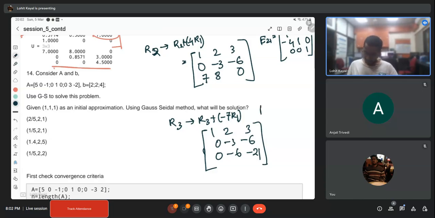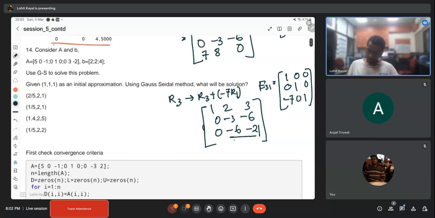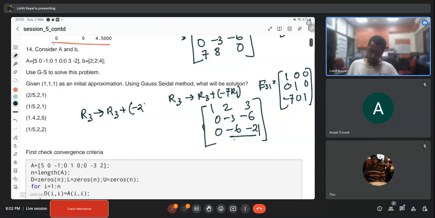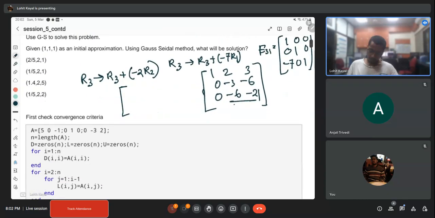So what will be my E31? E31 will be just similar to E21: 1, 0, 0, 0, 1, 0, minus 7, 0, 1. Now I need to operate on R3 and R2. So the U matrix: 1, 2, 3, 0, minus 3, minus 6.